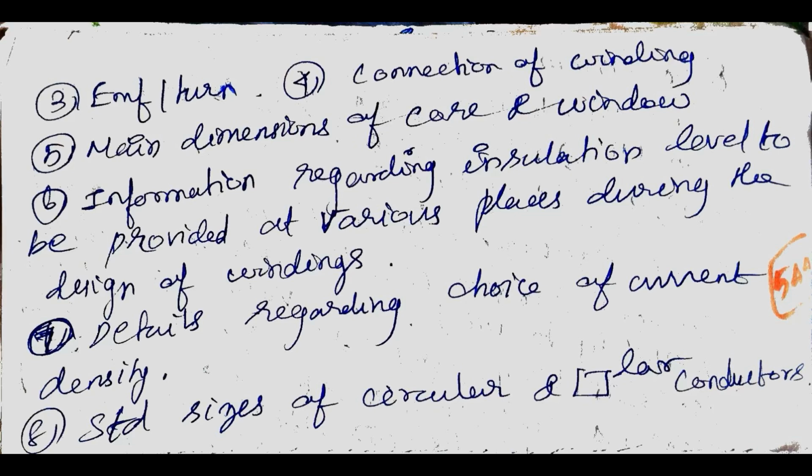Third, EMF per turn. Fourth, connection of winding. Fifth, main dimensions of core and window. Sixth, information regarding insulation level to be provided at various places during the design of windings. Seventh, details regarding choice of current density. Eighth, standard sizes of circular and rectangular conductors.